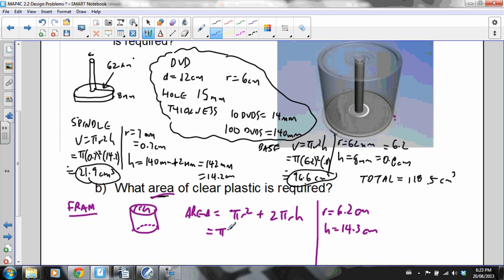And then that can go into a calculator all in one step, and you get about 677.8 centimeters squared, and that's the area.